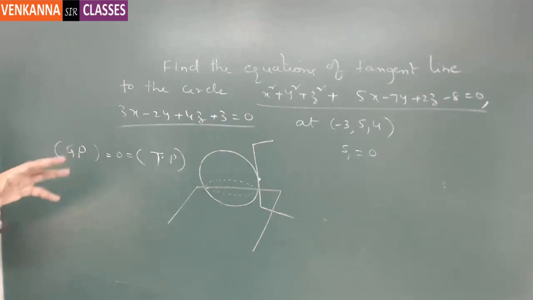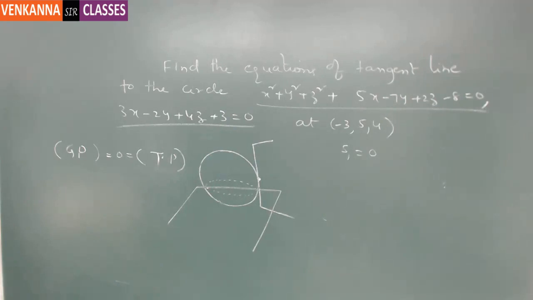You can visualize that by placing a cardboard on a sphere, on a ball. That visualization will be helpful to you. Just imagine that the tangent line is the intersection of two planes.